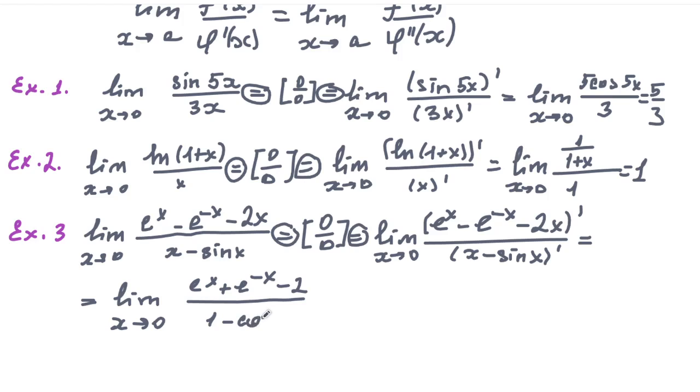And we have again 0 over 0, because e to the power 0 is 1, e to the power minus 0 is 1, 1 plus 1 minus 2 is 0, cosine of 0 is 1, 1 minus 1 is 0. If 0 over 0, we can use the rule of L'Hopital.